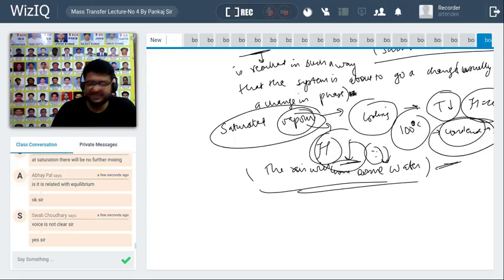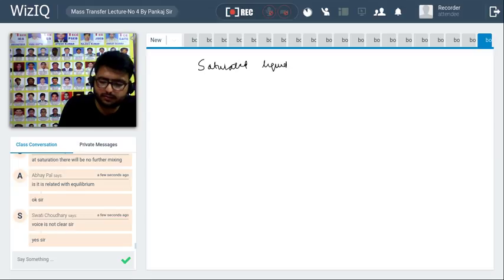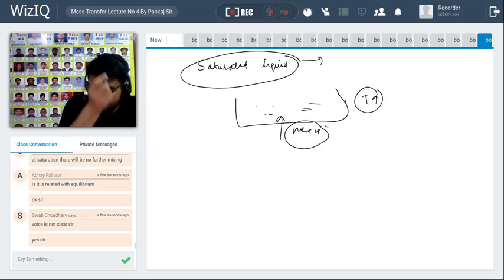So similarly, saturated liquid. Let a liquid be present inside a container, and we start to heat it up. The temperature will keep on increasing until a point is reached.